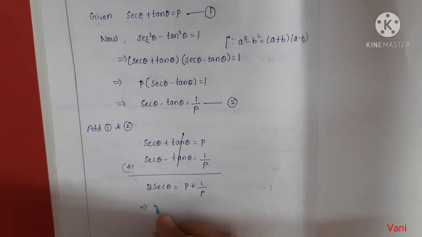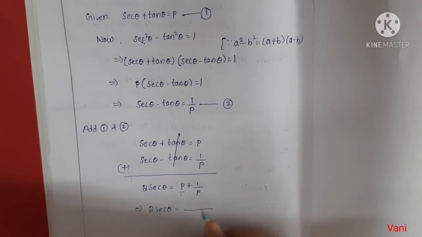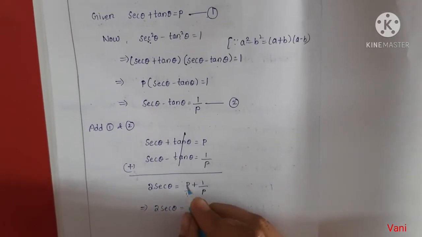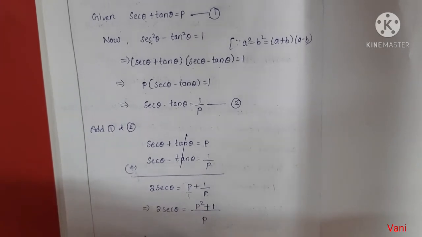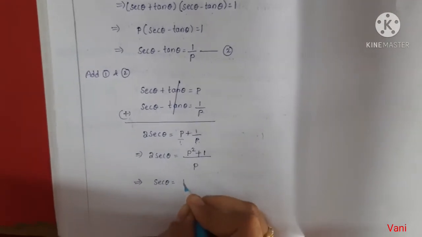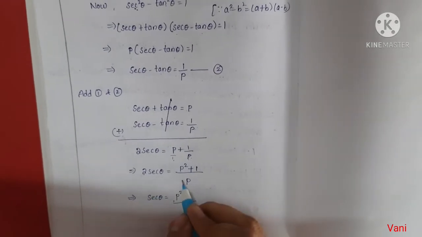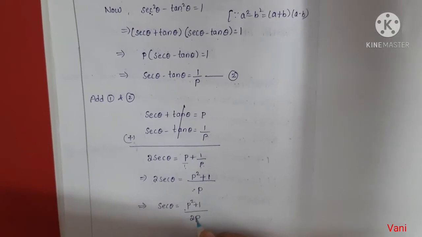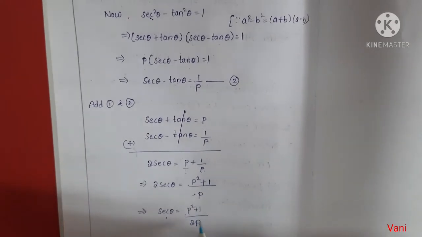So that implies 2 secant theta is equal to, take the LCM, denominators are 1 and p, LCM is p. Cross multiply: p into p, p square, plus 1 into 1, 1. So secant theta is equal to p square plus 1 by, the 2 will go to the RHS and become by 2p. So now we got the secant theta value as p square plus 1 by 2p.